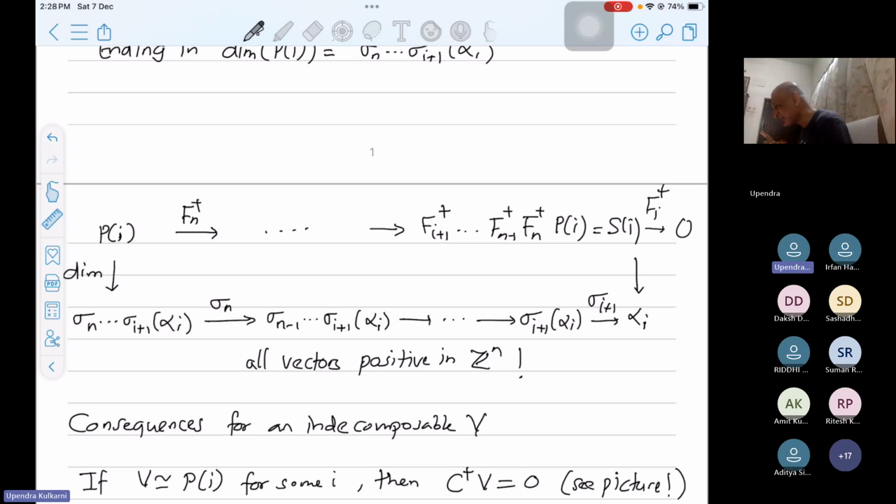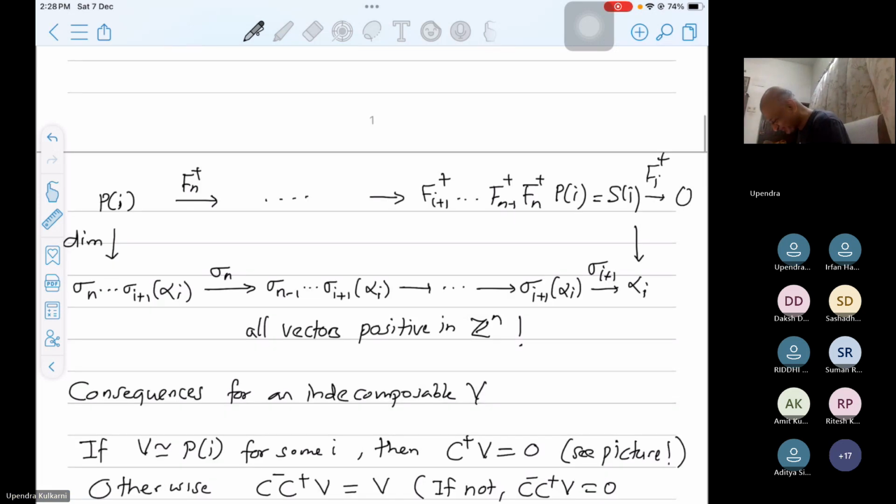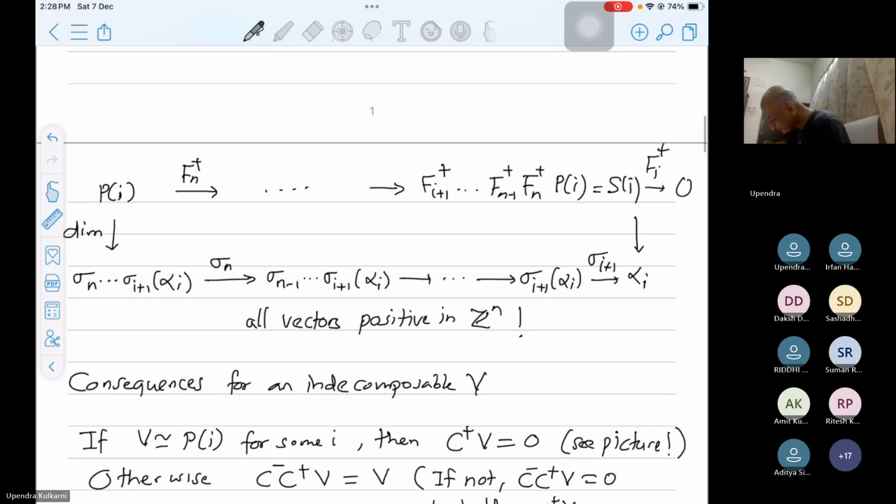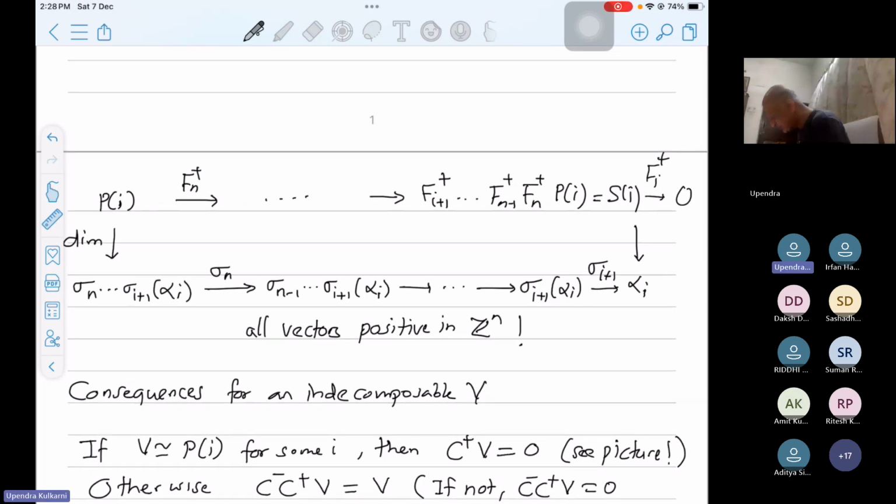But the interesting thing is that the converse is also true. Sorry, that came out wrong. What I mean to say is that if V is Pi, then C plus of V is 0. But if V is not Pi, then C plus of V is actually non-zero.